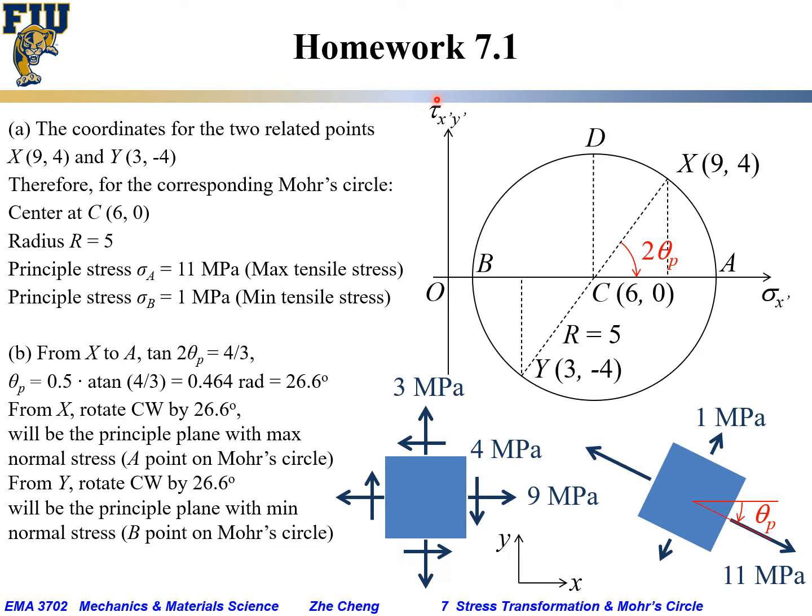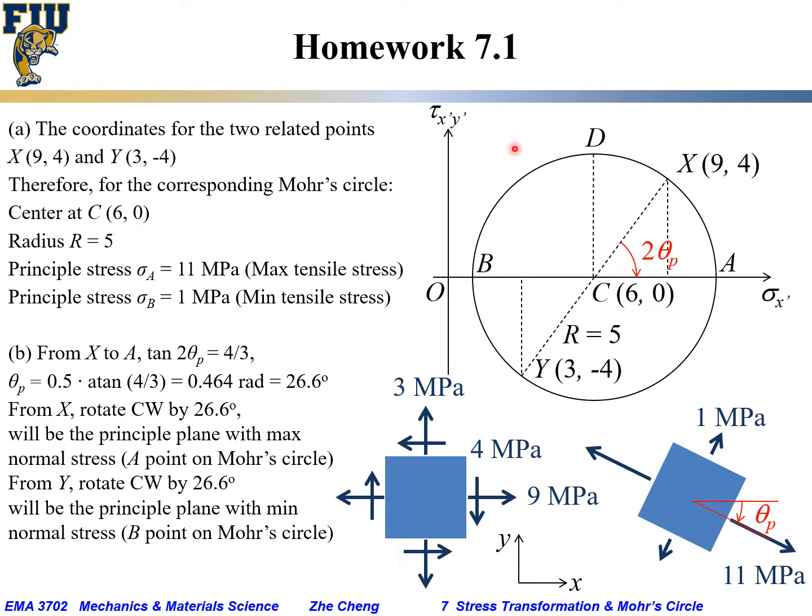To solve this, you can use the equations, but here I'm using the Mohr circle method. This is our plane stress state: tensile 9 megapascal along X, tensile 3 megapascal along Y, and the shearing stress of 4 megapascal as labeled. Based on these, we know the coordinates for two related points.